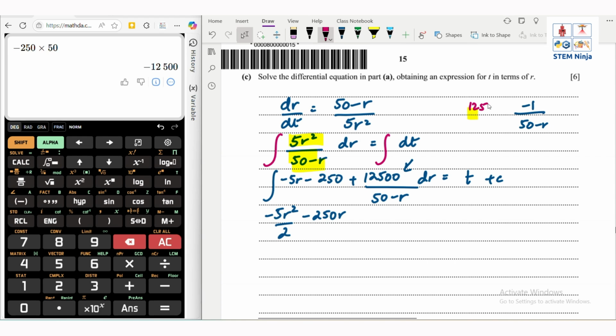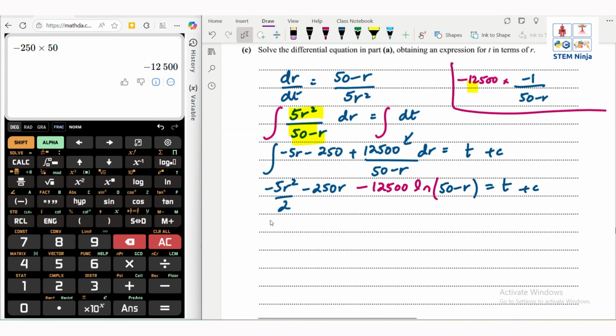We already have 12500 over here, so we multiply this by another minus 1. So we make it into minus 12500 ln of 50 minus r, and equals to t plus c.